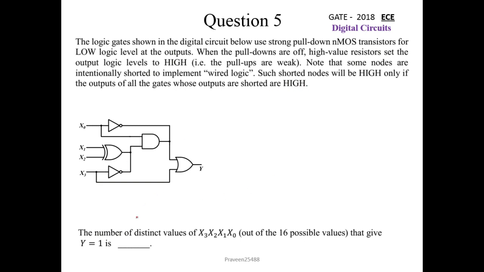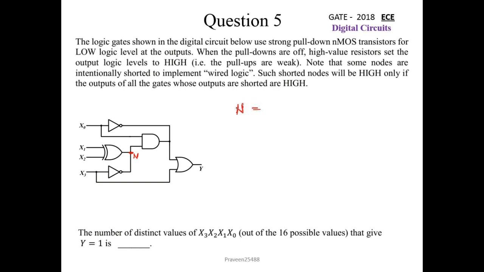So here the logic circuit diagram is given. The number of distinct values of x3, x2, x1, x0 out of the 16 possible values that give y equal to 1 is. So here we will simply find the logical expression, and then it would be easy to apply the combinations of these inputs. So consider this node as n.